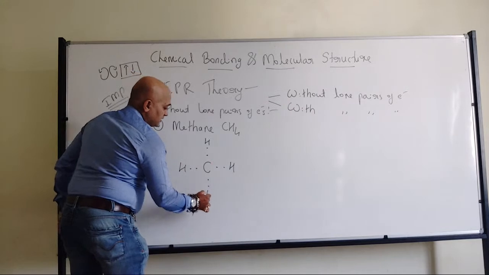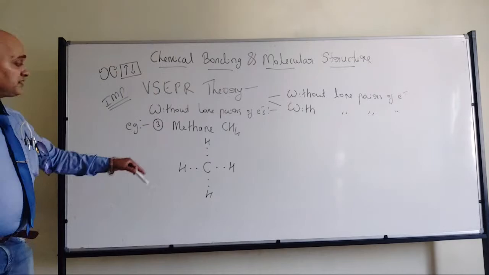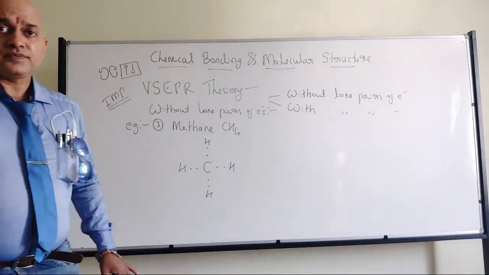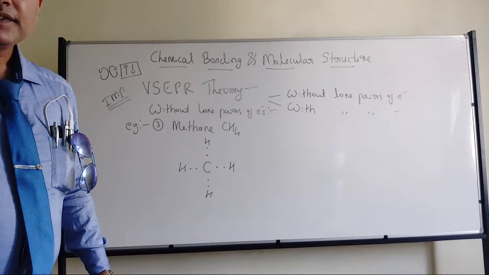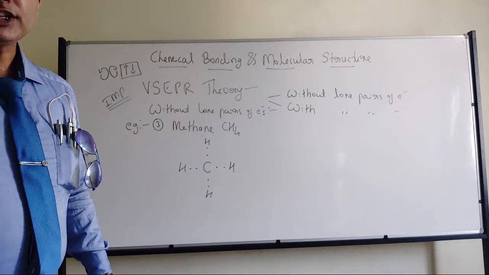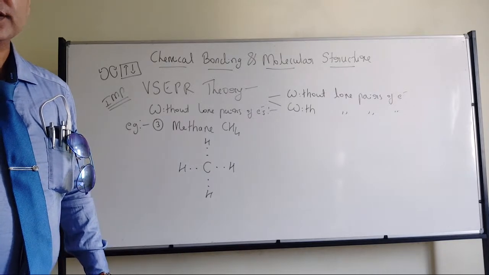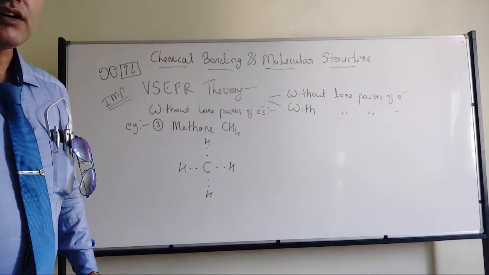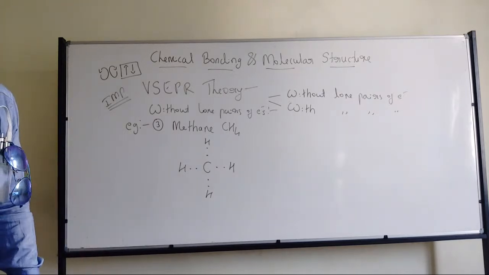Now, please remember that it looks like it's a planar structure. Many students will get confused. They think that it is a tetragonal planar structure. Trigonal planar, same way, tetragonal planar structure. But if I take tetragonal planar structure, the bond angle will become less, 90 degree.